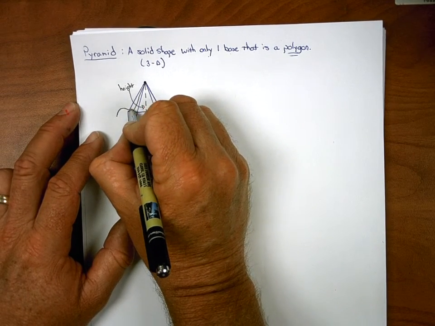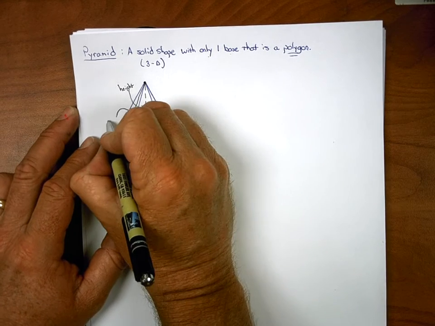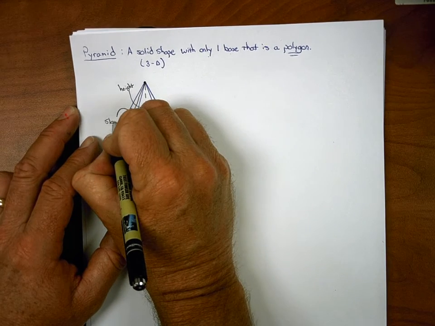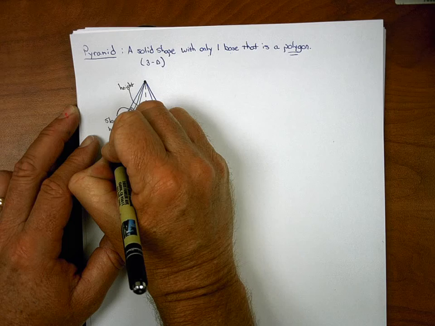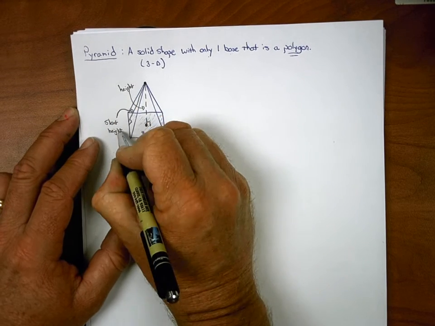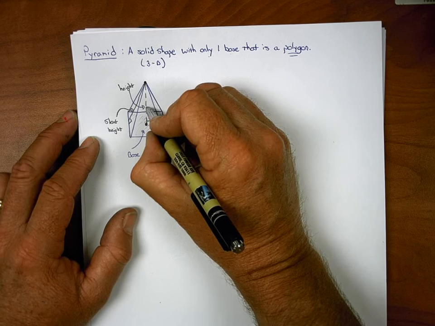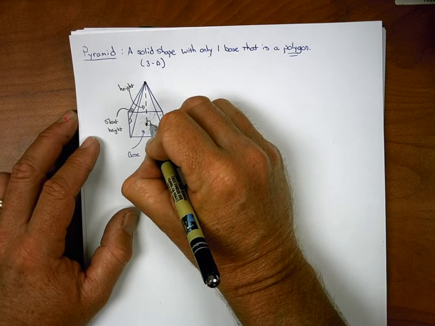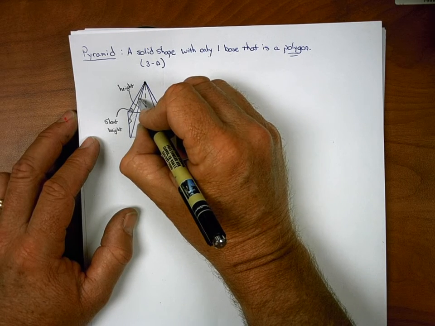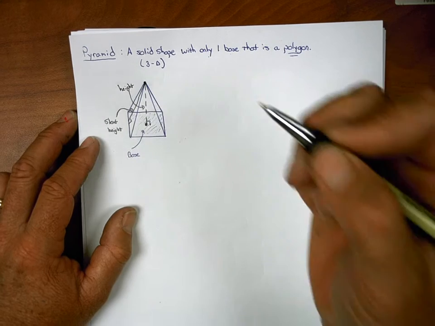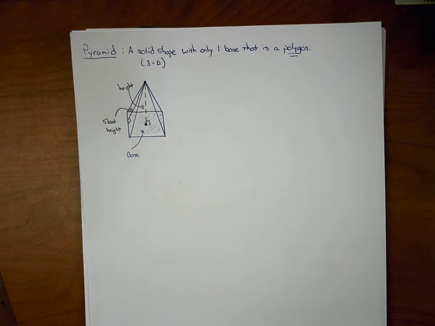But that line right there has a name, and it's actually called the slant height. Okay, now why is it called the slant height? Well, it's not just a height, because the height goes from the top right through the middle of the pyramid to the middle of the base. The slant height is slanted, and it runs along the side of the pyramid. Very important that you recognize the difference, okay?